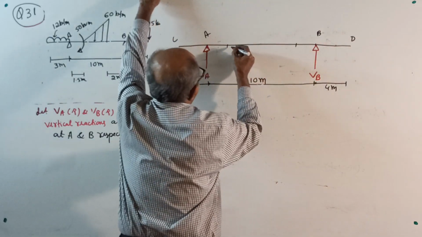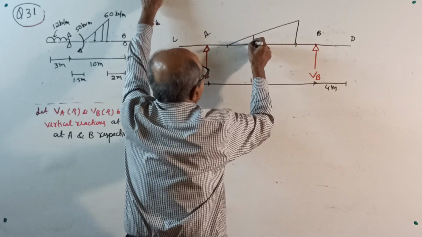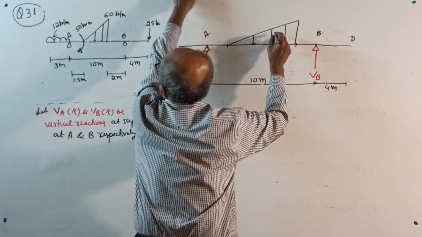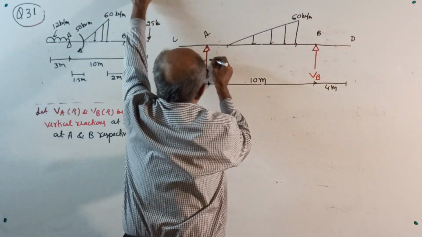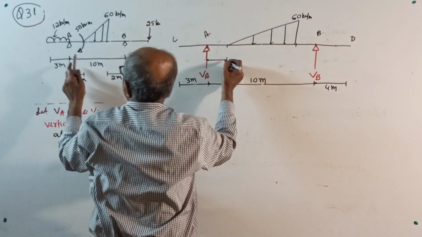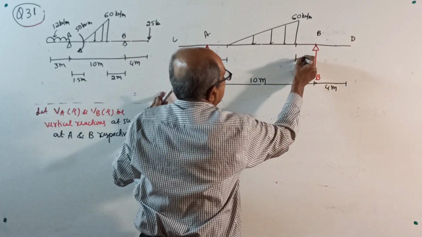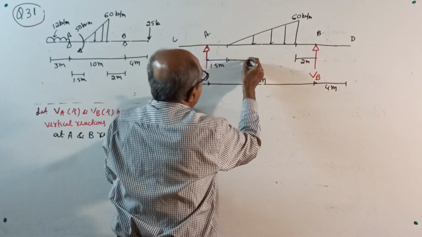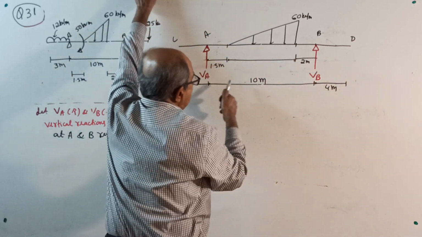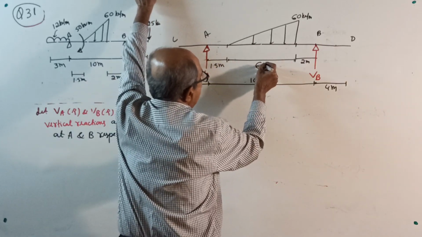Then here uniformly varying load is there. Put that varying load, 60 kilonewton per meter. See, this gap is, how much? This is 1.5 meter. This is 2 meter. So, this loaded length will be equal to, from 10, subtract 1.5, subtract 2, you will get 6.5 meter.